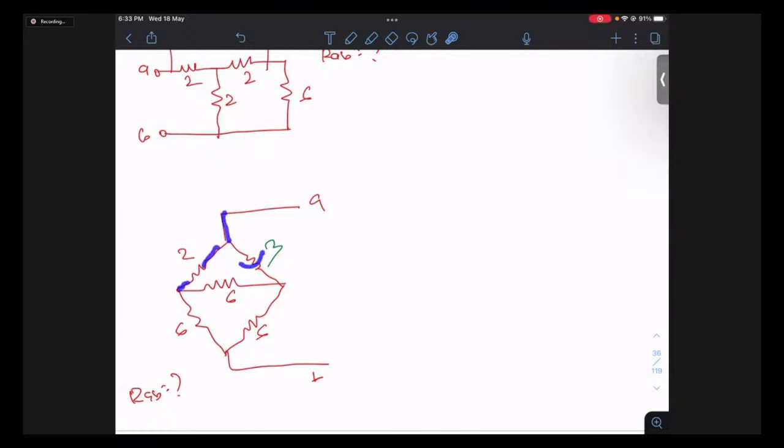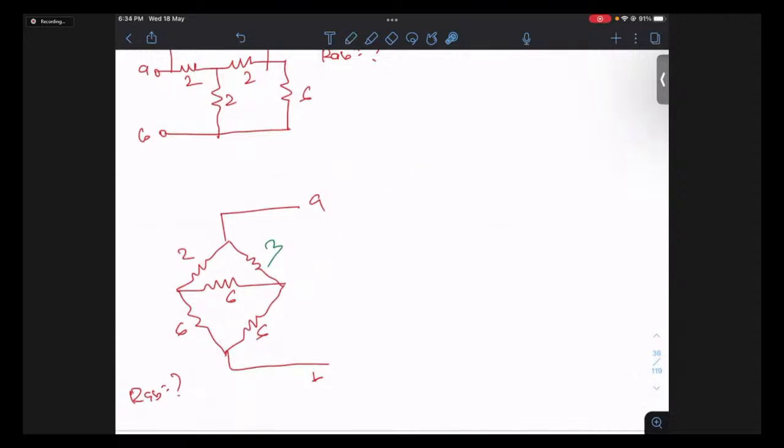Once the current comes to this node and this node, we are not very sure which way it will go. So in such cases, we go for the star delta transformations.